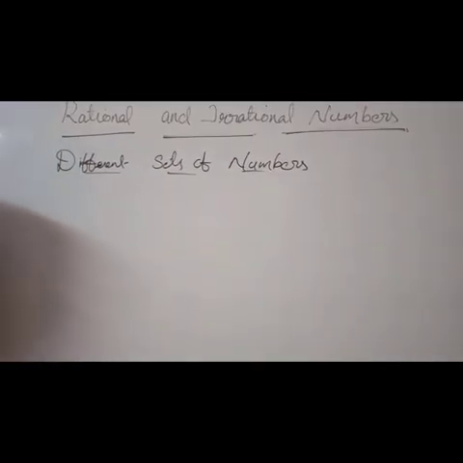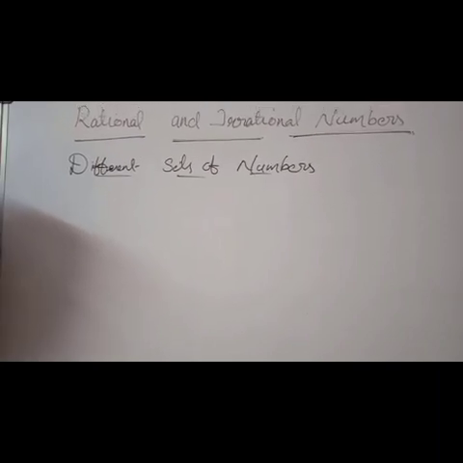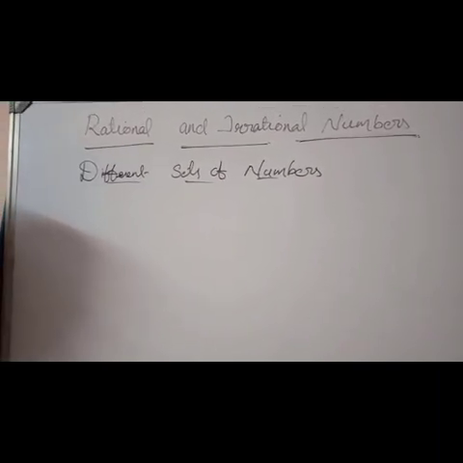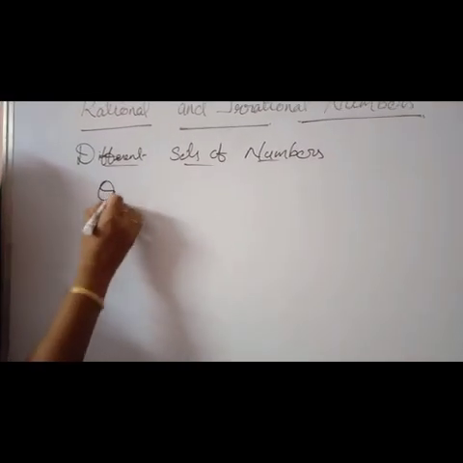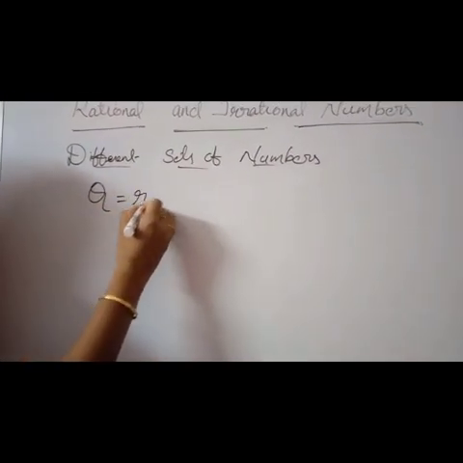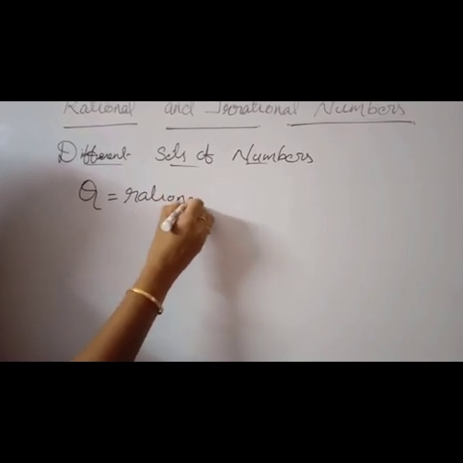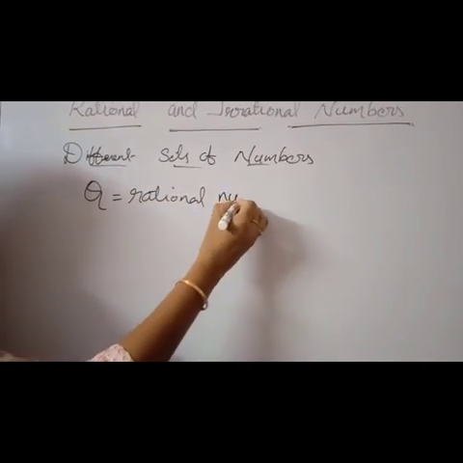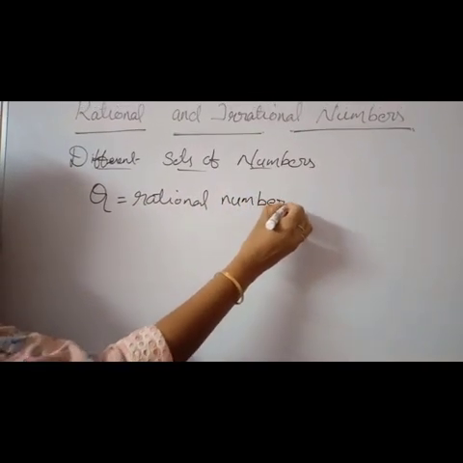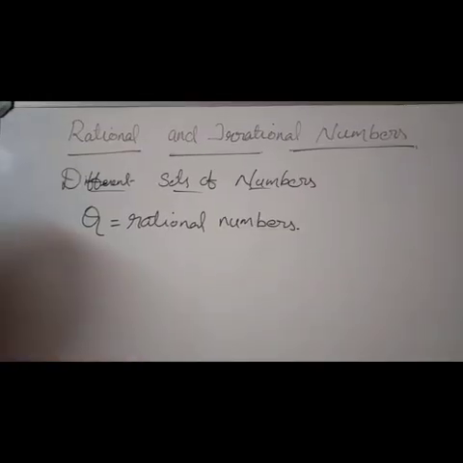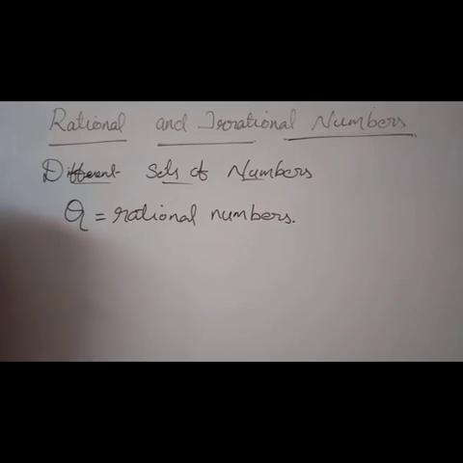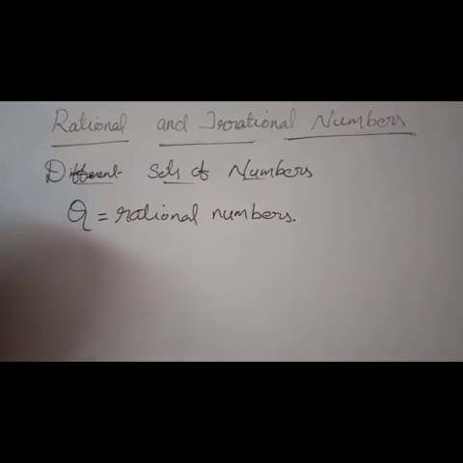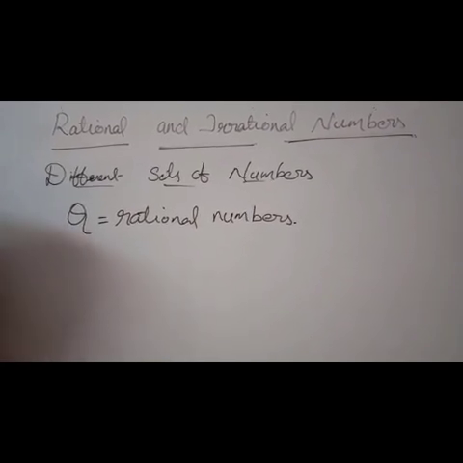If we include fractions or decimals in the set of integers, we get the set of rational numbers, and it is represented by Q. Q is the set of rational numbers. So the set of rational numbers will have a mixture of numbers like fractions, decimals, integers, all.